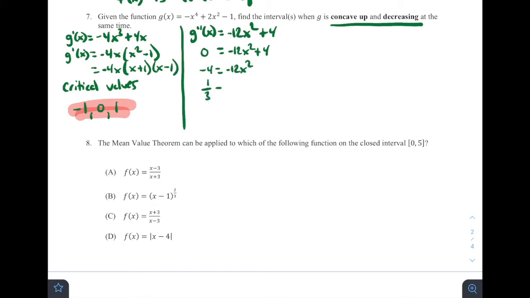So 1/3 is x squared, which means that x is plus or minus the square root of 1/3, which, if we wanted to go any further, could be plus or minus the square root of 3 over 3, if we rationalize that denominator. So these are our possible points of inflection, POI.